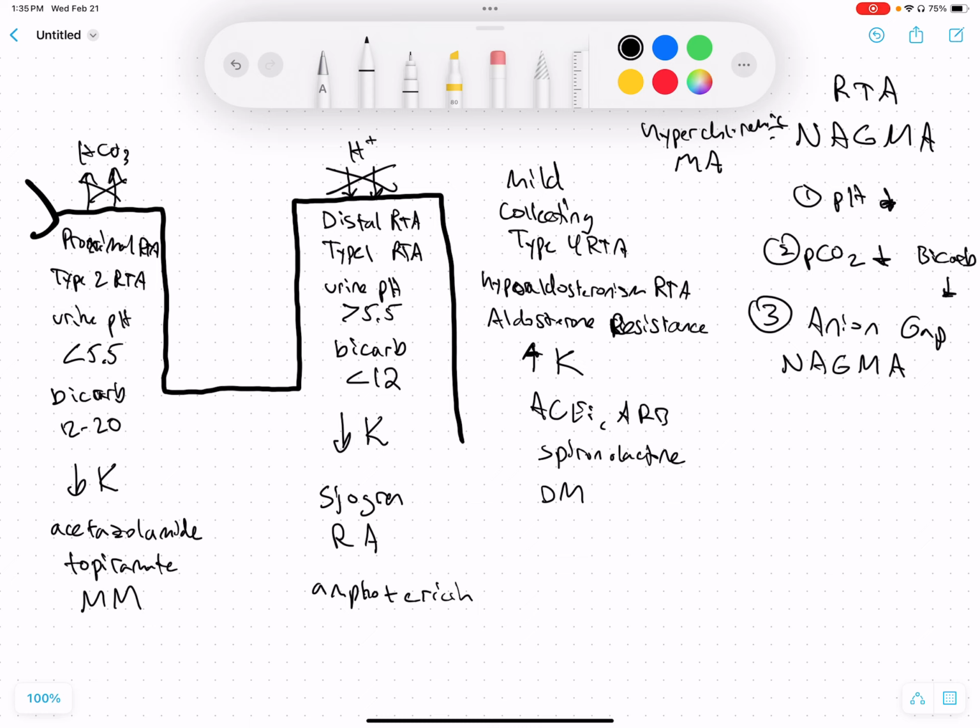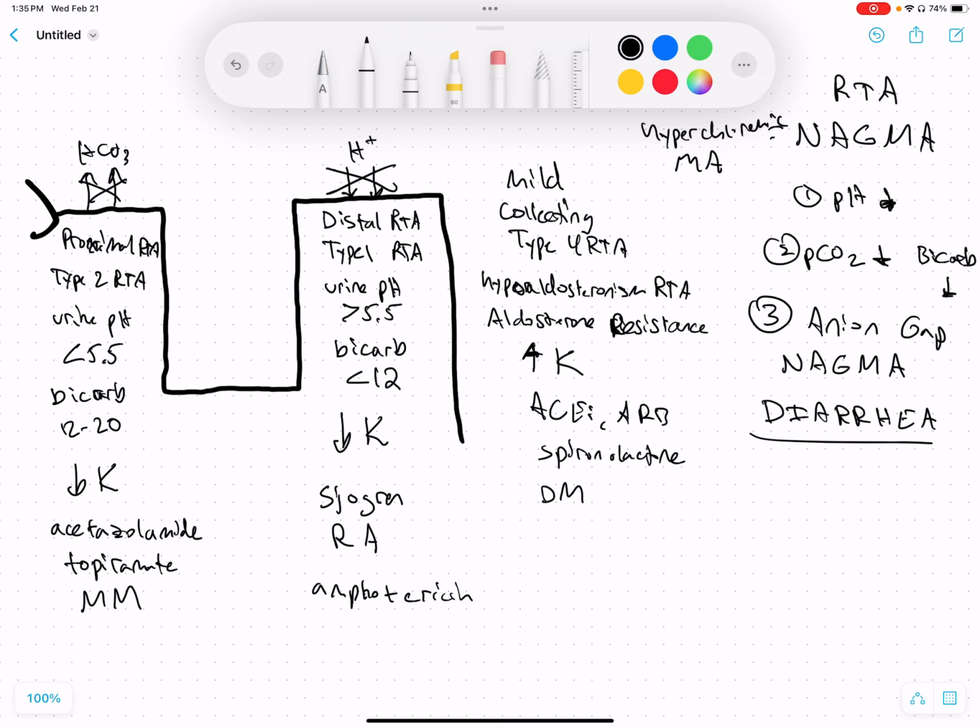Now, at this point, in the hospital, in internal medicine, with non-anion gap metabolic acidosis, by far the most common cause is going to be diarrhea. So check your patient for diarrhea. That's going to make things a lot simpler. If they don't have diarrhea, maybe you start thinking about the RTAs. Or maybe they have diarrhea and an RTA.